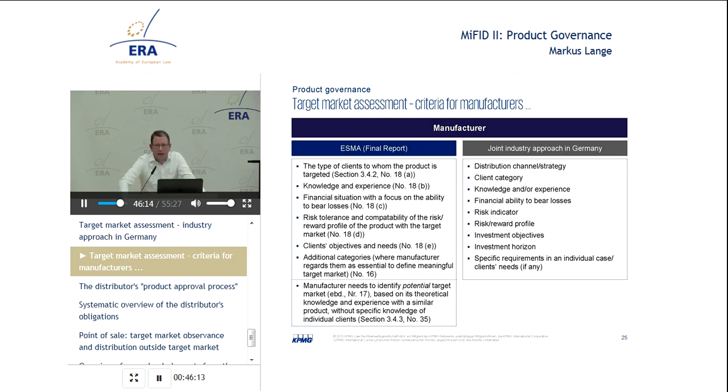And with a view to any potential investment services which may be provided at the point of sale. And as I said, if you have an execution-only business model at the point of sale as a distributor, and we discussed it to a certain extent over lunchtime, the only investor protection rules which may be infringed at the point of sale are those about the complex or non-complex instruments at the request of the client. This is clearly set out. An execution-only business requires only dealing with non-complex financial instruments.